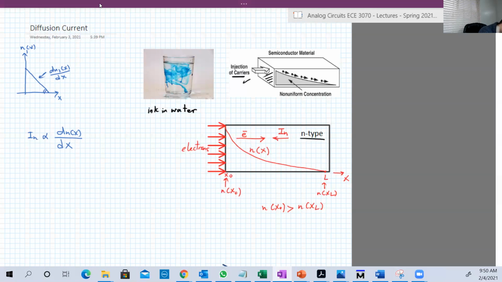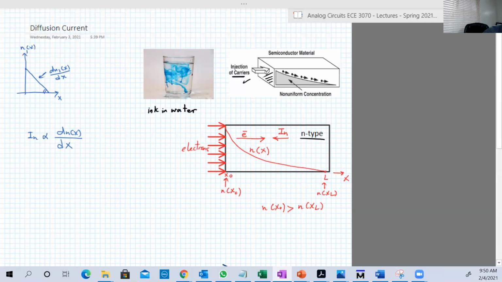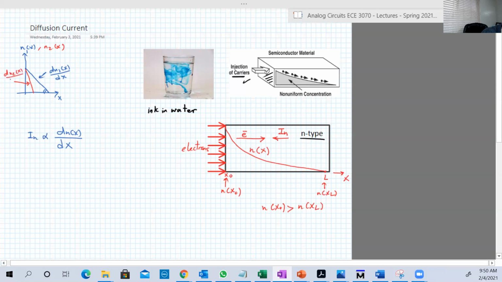Now let's take another line, another relation. So this is N2 of X, and both are drawn against the same axis X. So this red line now has another slope, dN2 of X by dx.